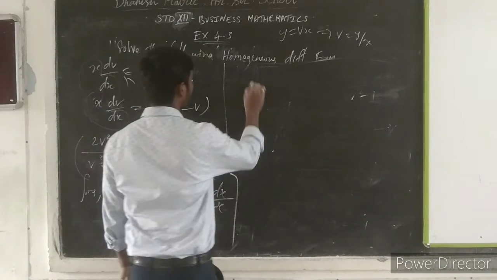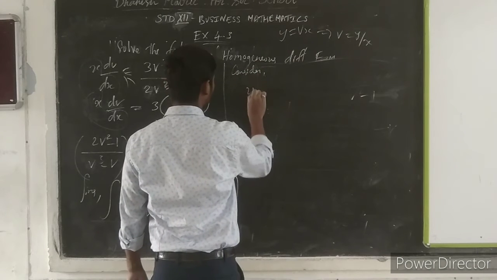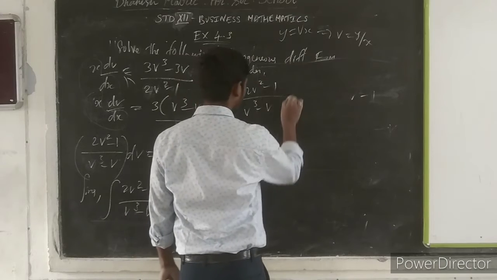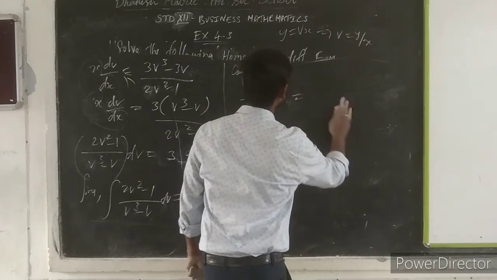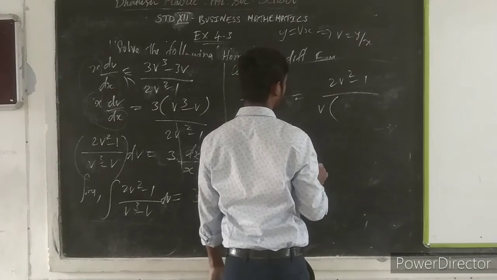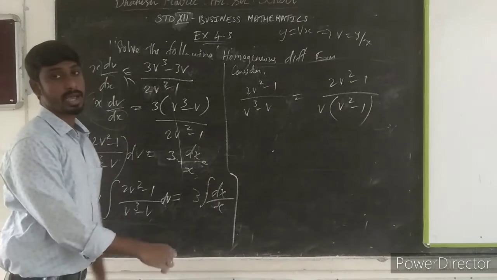So now listen here. Consider (2v² − 1)/(v³ − v) equals, so now write like this, (2v² − 1) over v(v² − 1). v will be taken out from this equation, so you are getting v² − 1.